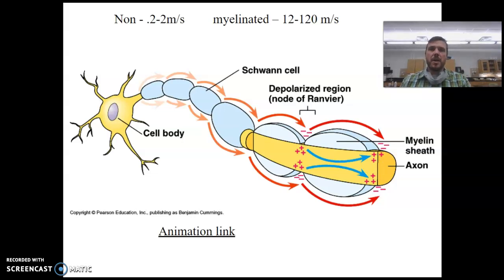It's much faster. If you're looking at non-myelinated neurons, you're talking about somewhere between 0.2 and 2 meters per second. On myelinated, you're going 12 to 120 meters per second. That's way faster.